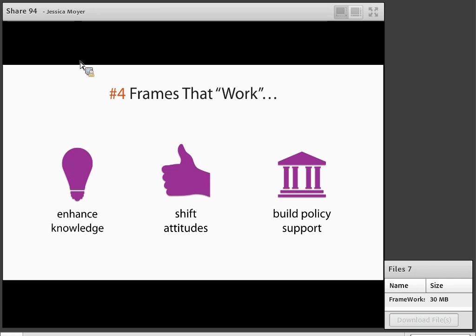And then frames that build policy support. So we're really interested in ones that guide people to support programs, policies, initiatives, structural change that actually leads to improved outcomes and improving the quality of people's lives.